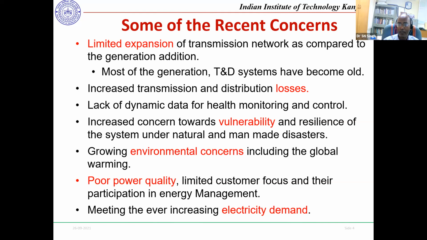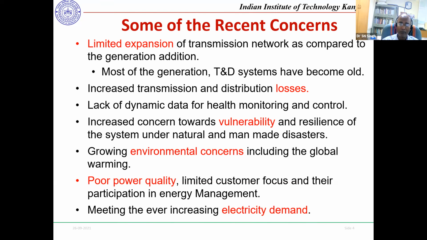So we require some interface, and that is the transmission and distribution system, which will be the interface if your generators are far off from your load centers. Even though there is all this installed capacity which I showed, many of the generators have derated capacity, or they have expired their life.